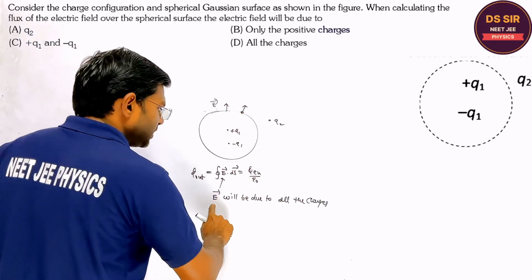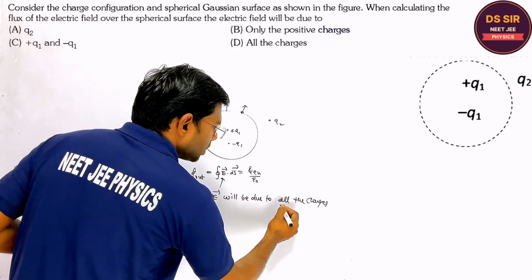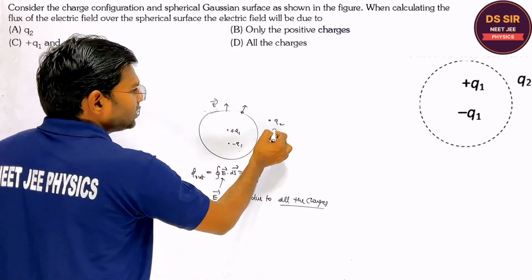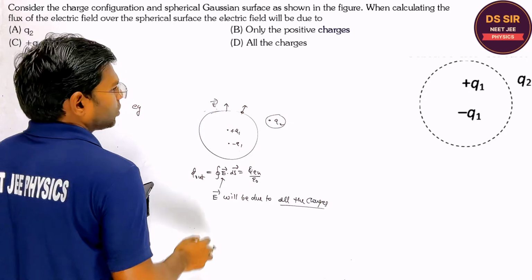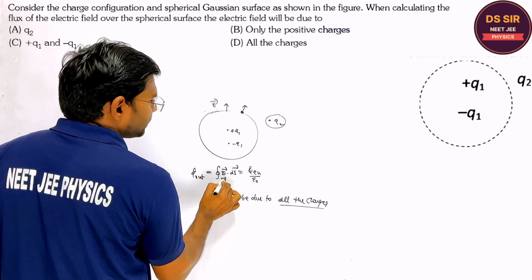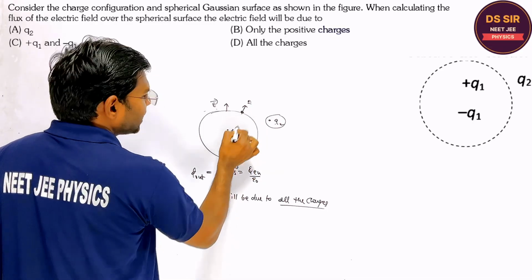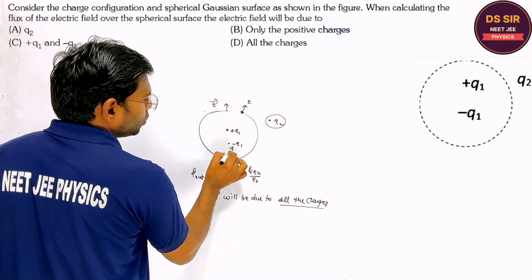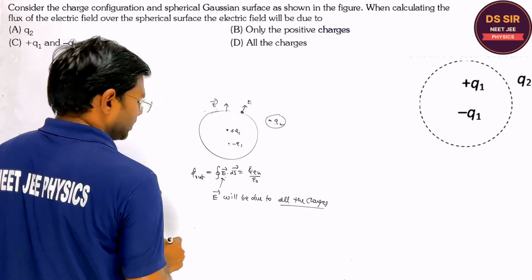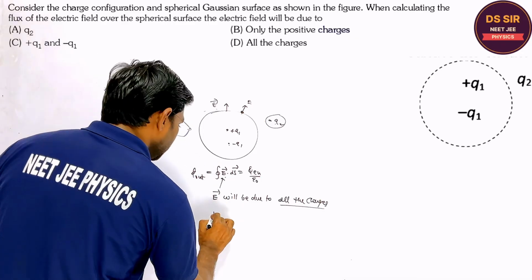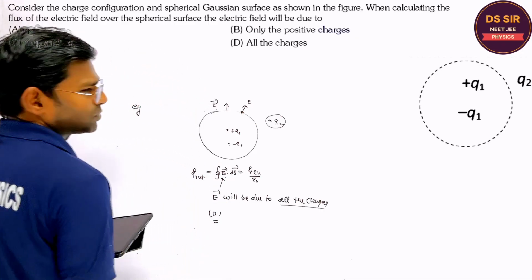The electric field in this expression is due to the summation of the net electric field due to Q1, Q2, Q3, like that, right? So which option is correct? The D option is the correct option, right?